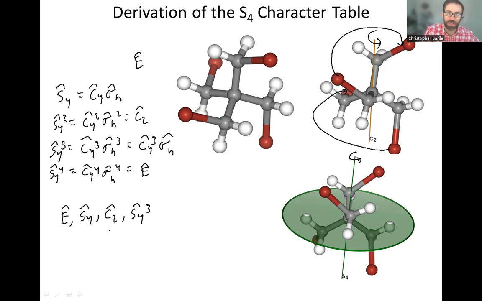In a lot of my other character table derivation videos, we've talked about how we know whether or not to put operations in the same class. And in some of those point groups, we have things like S4 and S4 three times in the same class. But we have to have some other symmetry operation, usually a mirror plane or a perpendicular C2, which we don't have either of in this point group, that interconverts Cartesian coordinate systems, axis systems, that would make these equivalent.